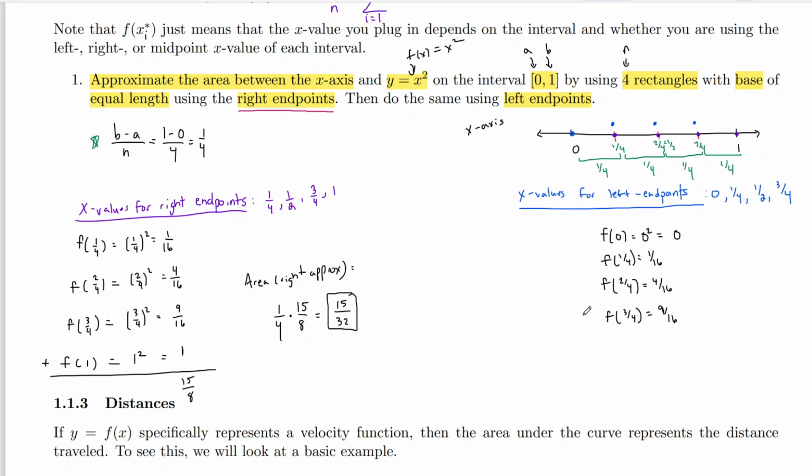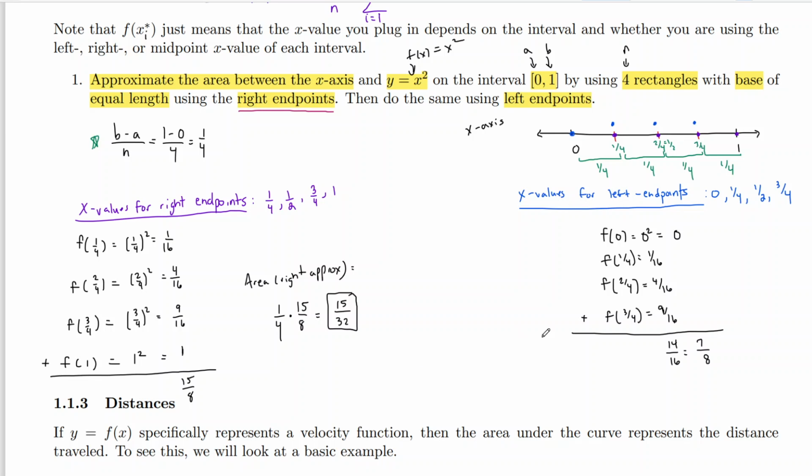But for the left endpoints, we're doing the same thing. We're adding them together. And then what happens when you add these together? These already have the common denominator of 16, so we just add them. 1 plus 4 plus 9 is 14 over 16. And we can simplify that, because they're both even, to 7 over 8. Right.